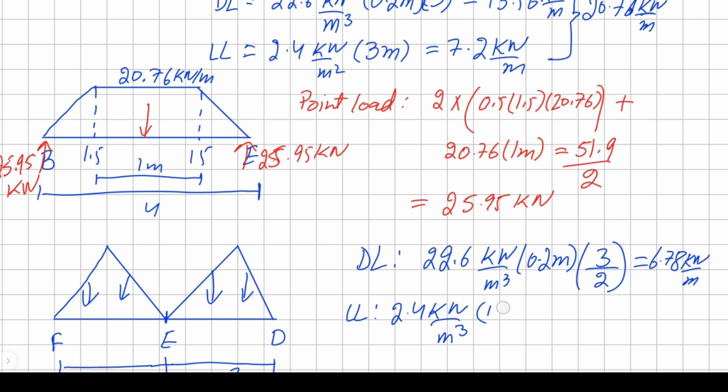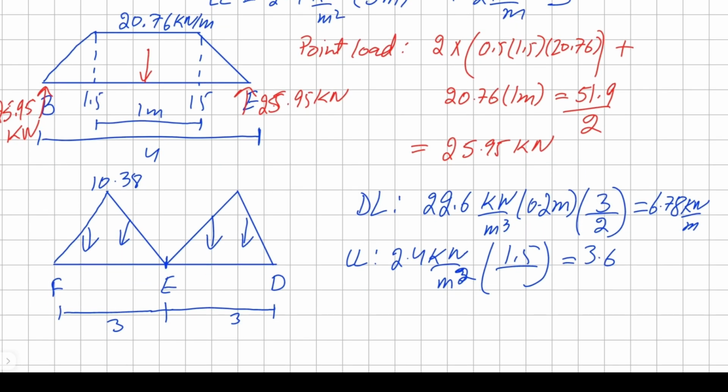Oh, never mind, we don't need a thickness for our live load. We just simply need the length of the load that will be handled by the section FE, which is 1.5. Following this, we get 3.6. Adding both these values together to get our total load, and it is 10.38.